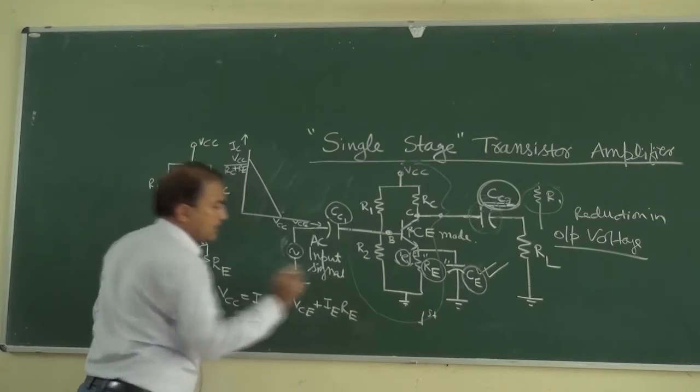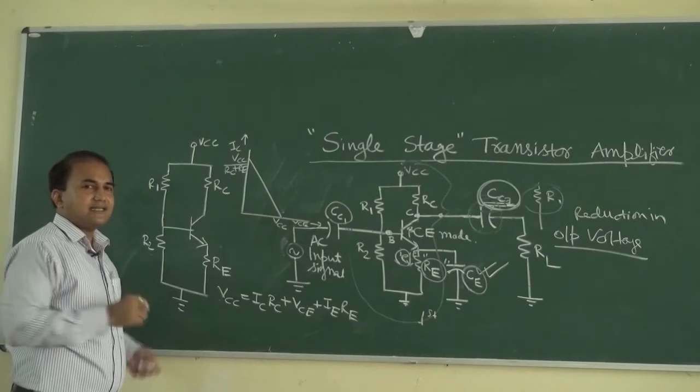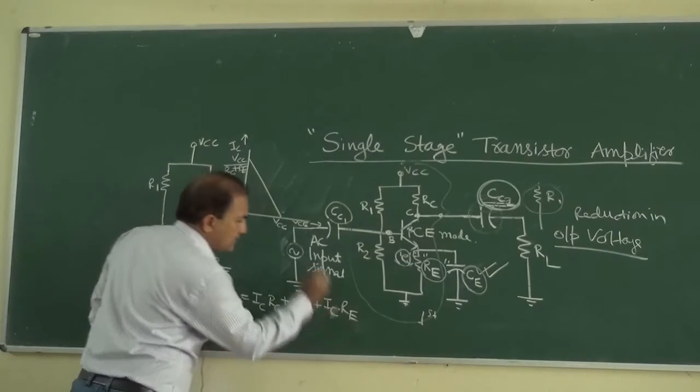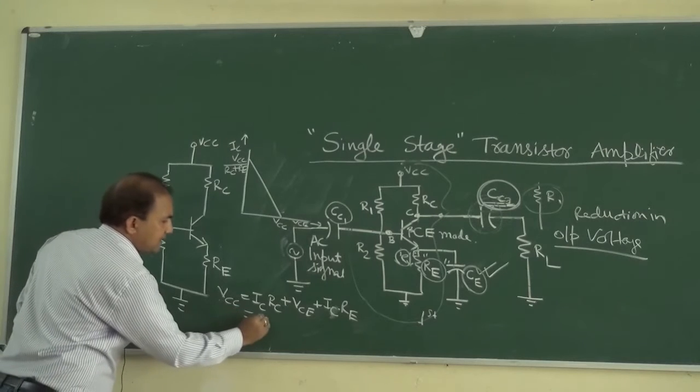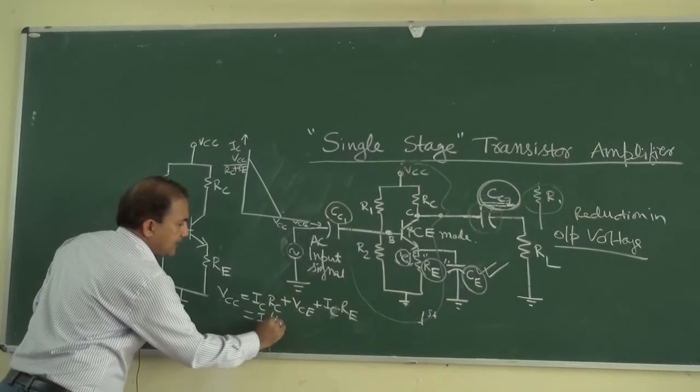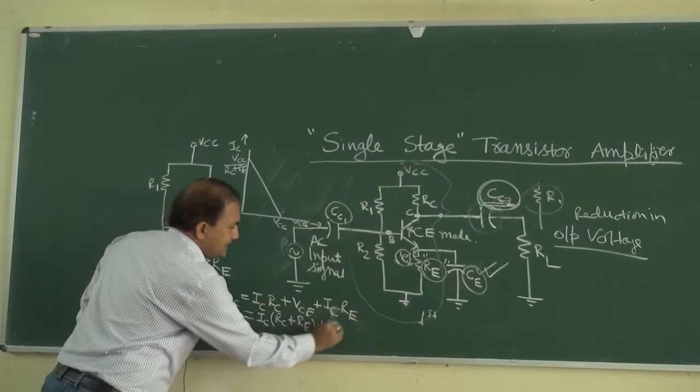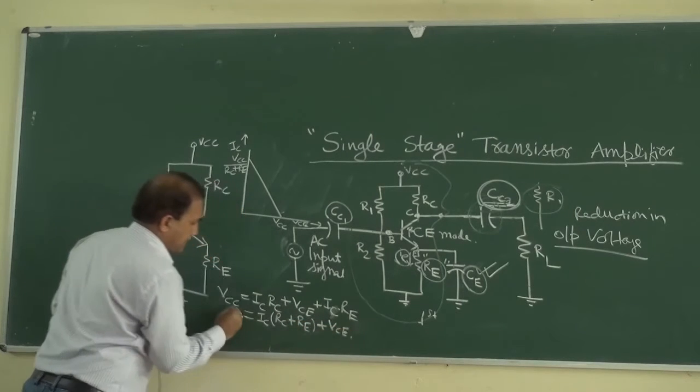And since IE is approximately equal to IC, we can write IC times RC plus RE plus VCE.